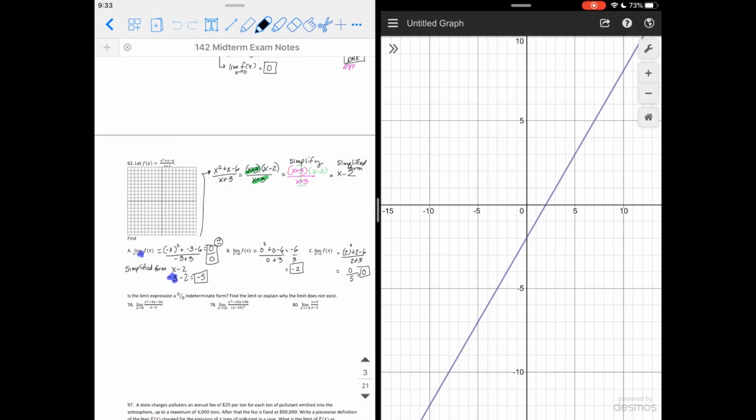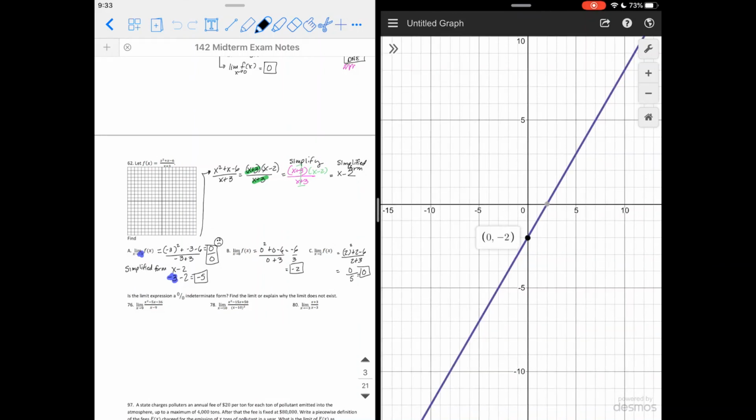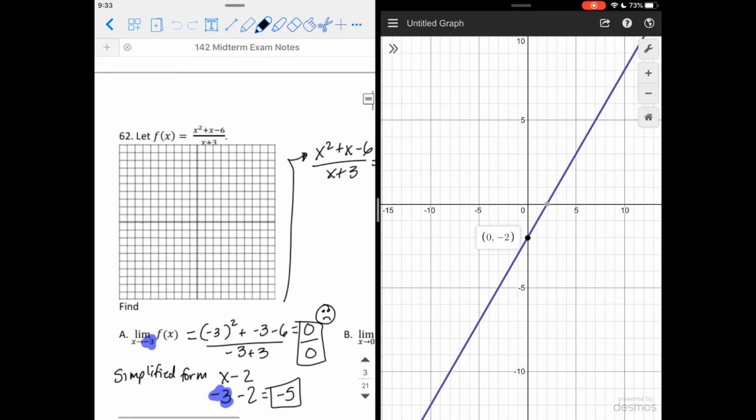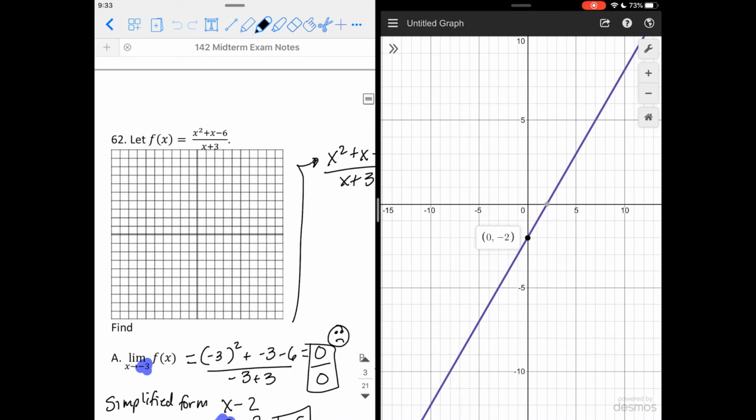And we should probably have other points that we can use. So I'm going to go ahead and graph it here. So I have 0, negative 2. At negative 3, what was it? Negative 3, negative 5. I have an open circle.